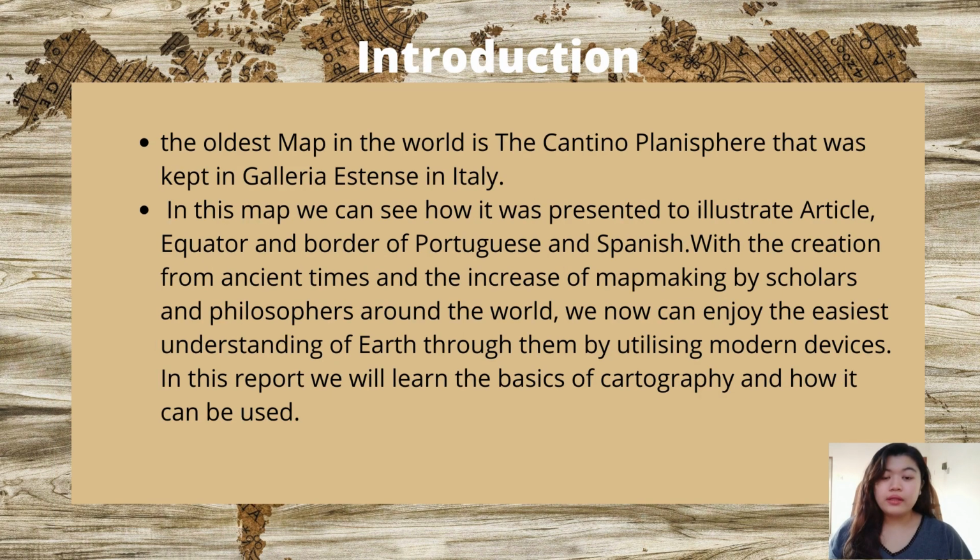Another oldest map in the world is the Continental Planisphere that was kept in the Galleria Estense in Italy. In this map, we can see how it was presented to illustrate the Arctic, equator, and border of Portuguese and Spanish.